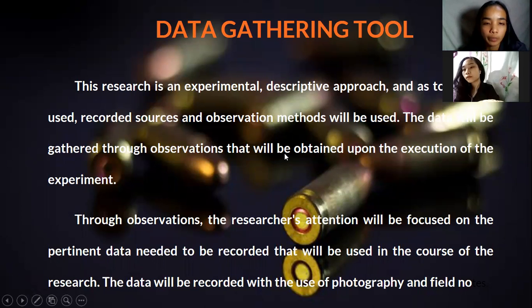This research is an experimental descriptive approach, and the recorded sources and observation methods will be the tools to be used. The data will be gathered through observations that will be obtained upon the execution of the experiment. Furthermore, the data will be recorded with the use of photography and field notes.